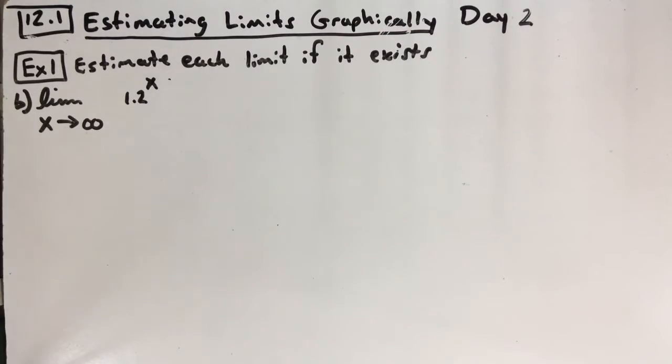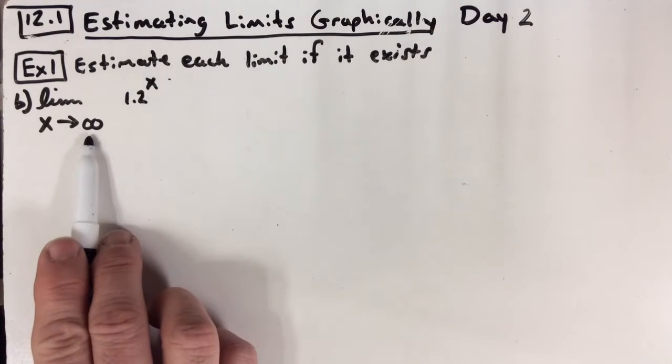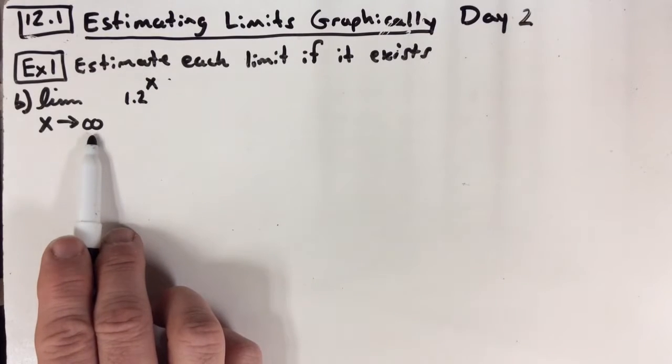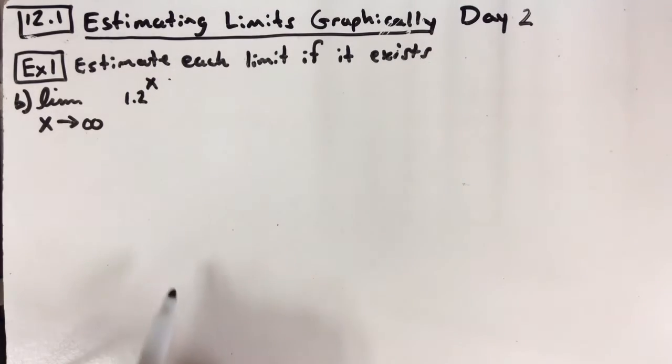When that happens, we are going to build our table a little differently. Usually, we build our table with 7 values in it and look at what happens as you approach that number, whatever our limit is approaching, from both sides. But we can't approach infinity from numbers that are bigger than infinity. Those don't exist.